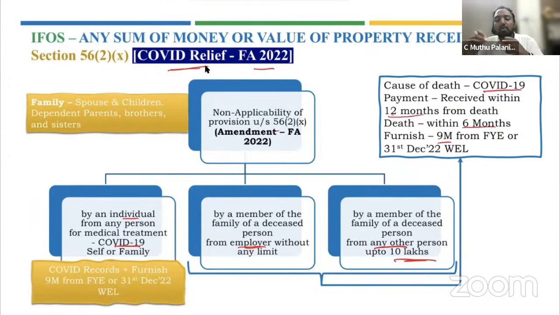So basically, the amount should be received within 12 months. Record should be maintained. From the time I got COVID, I should have died within 6 months. After I have passed away, within 12 months, money should be settled. I should furnish the relevant documents, the COVID records and everything. When I say family member, it includes spouse and children. It also includes dependent parents, brothers and sisters.